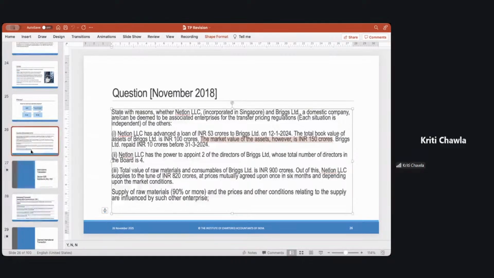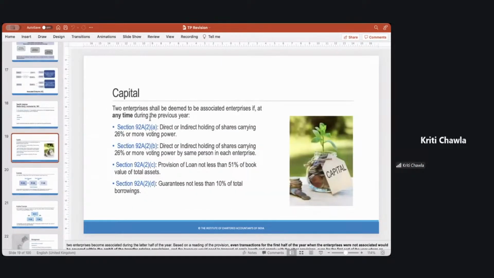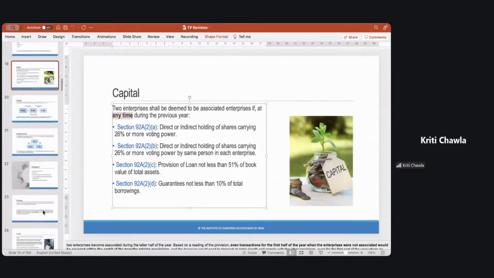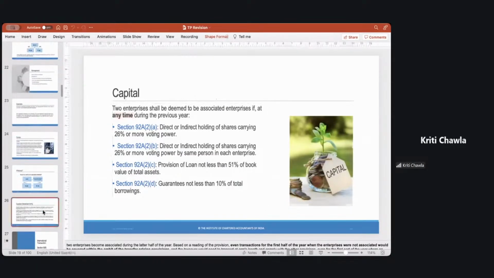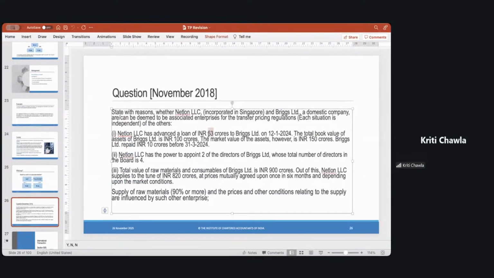Where is it written in law? It's mentioned right here. You have to test association at any time during the previous year. This is the reason the repayment of 10 crores will not be taken into consideration. So there is association, yes.